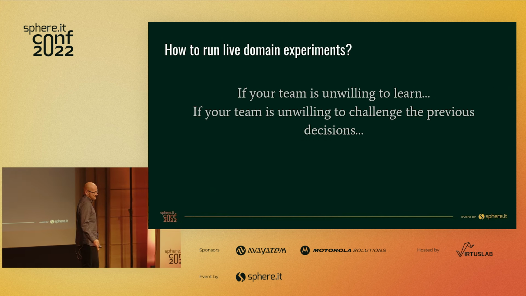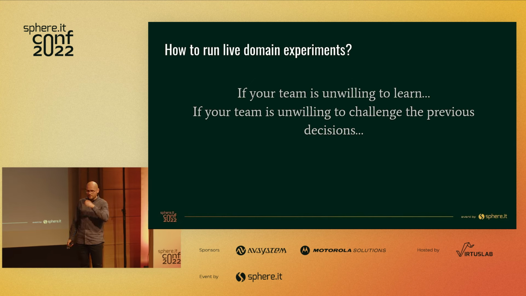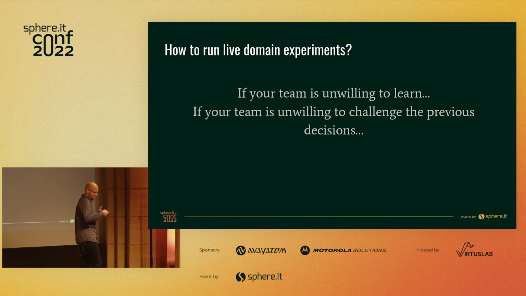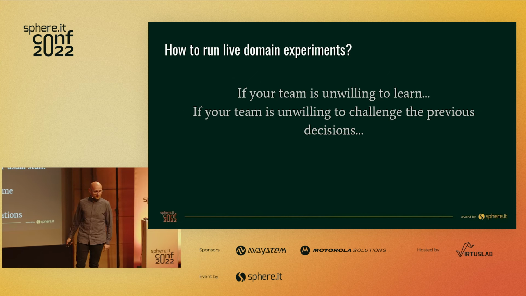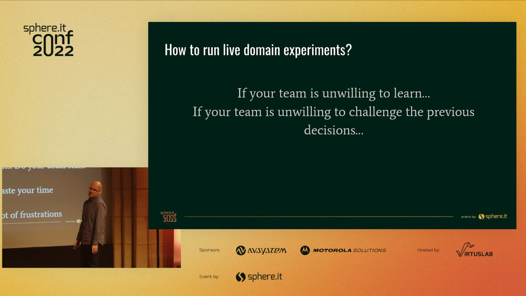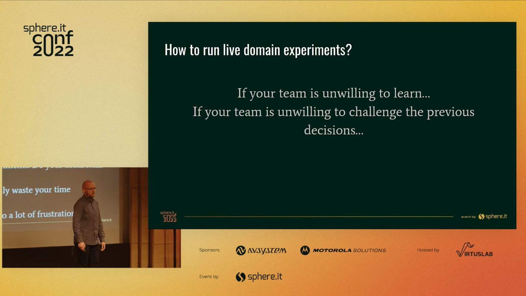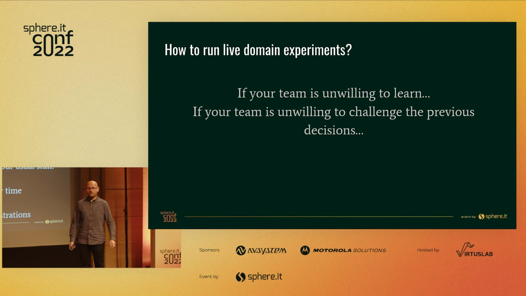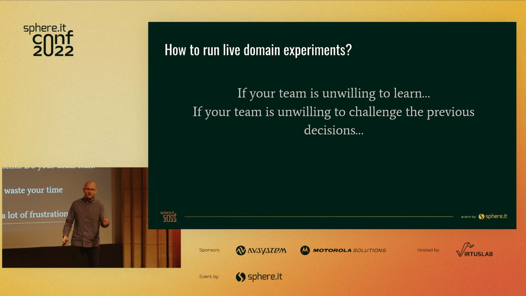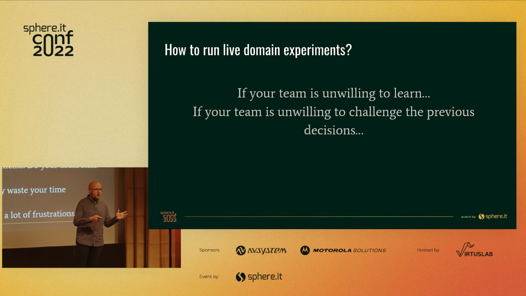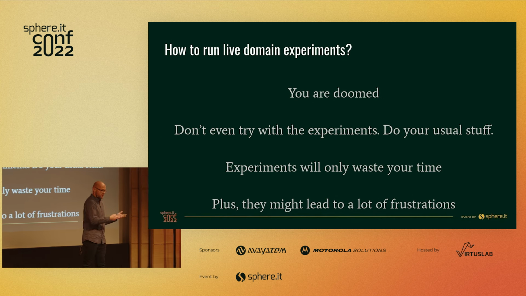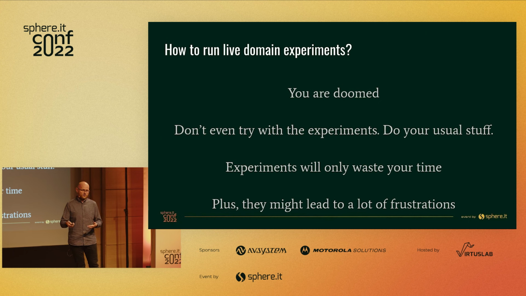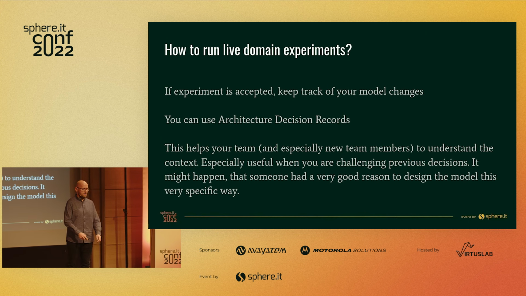The problem with experiments is that if the team is unwilling to learn, if they cannot challenge the previously made decisions, basically we can't do anything about it, right? We are doomed. We shouldn't even try with the experiments. It will just waste our time. So experimenting requires a team which can accept that we made some mistakes and we need to reiterate over them.